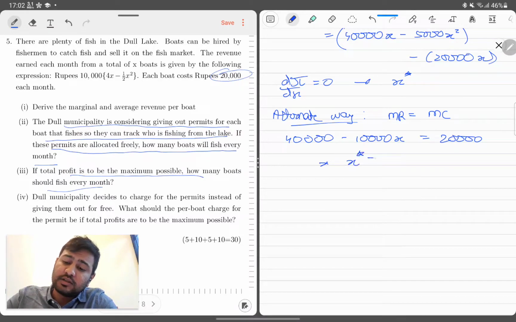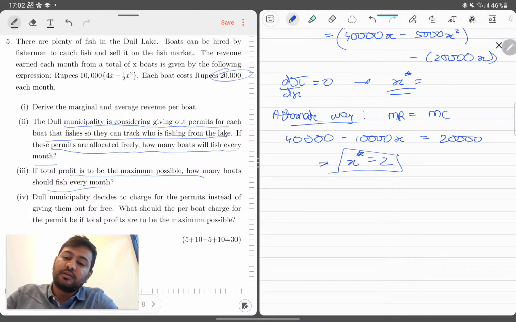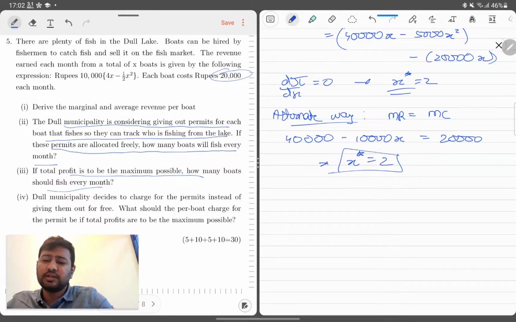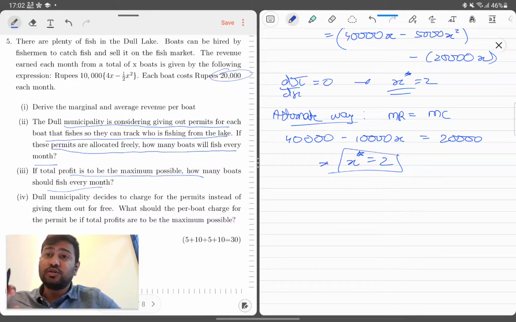So this implies x star must be equal to 2. You'll get the same result here. So you can do this either way, either MR equals MC, or make the overall profit function and differentiate it with respect to x. So ideally, in order to maximize the total profit, the municipality should limit the number of firms to 2.